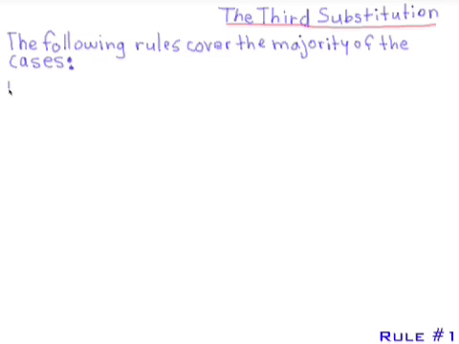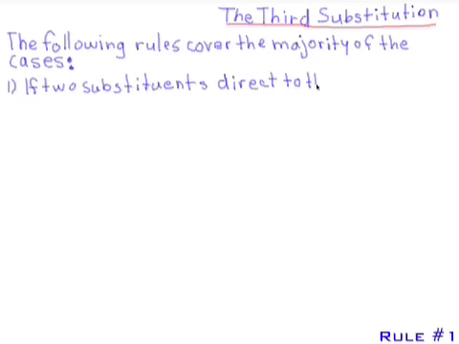Rule number 1. If two substituents direct an incoming group to the same position, that is where substitution occurs.